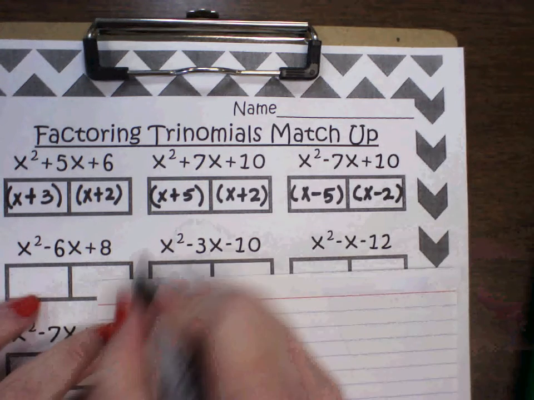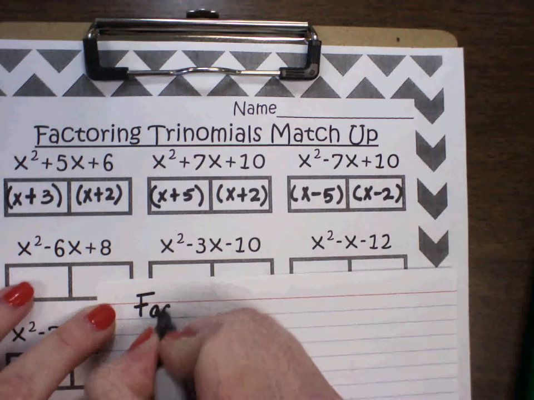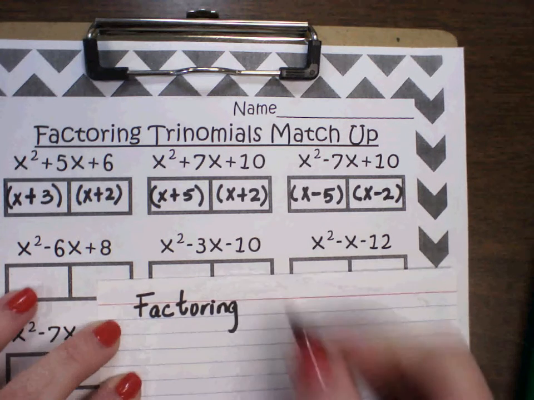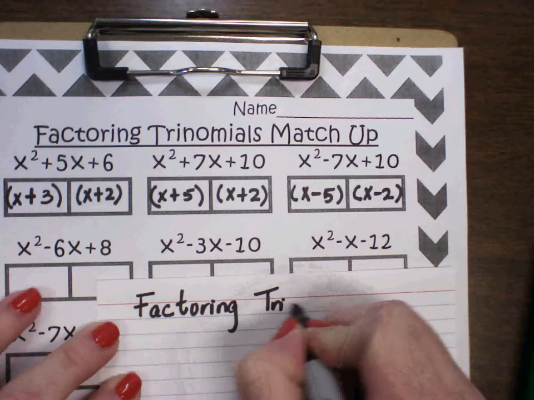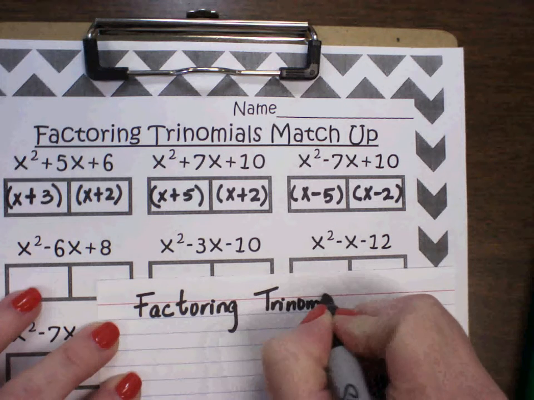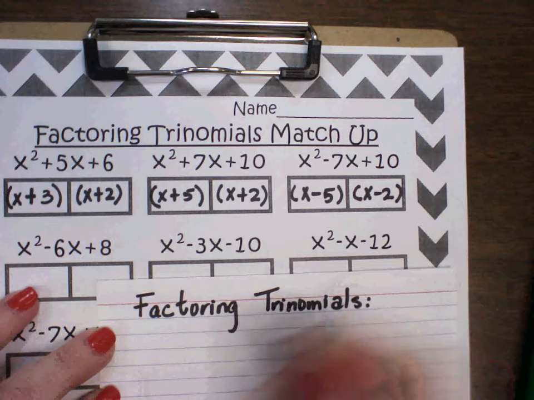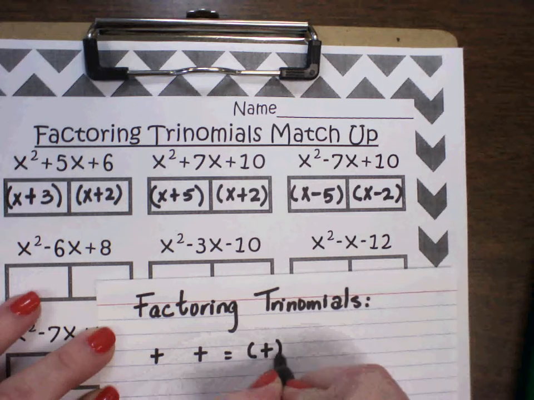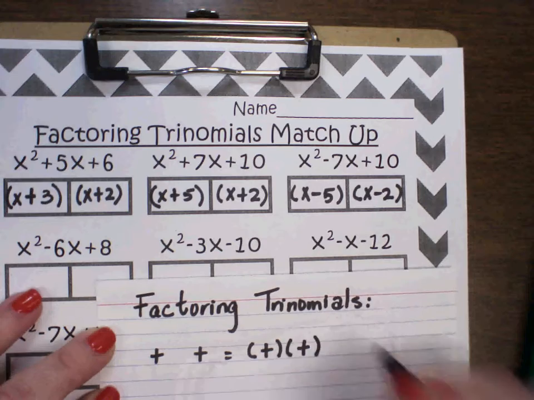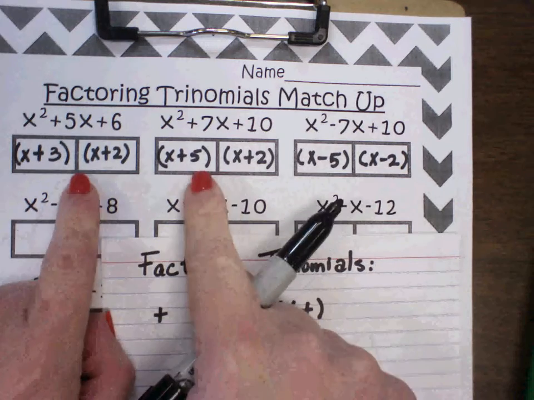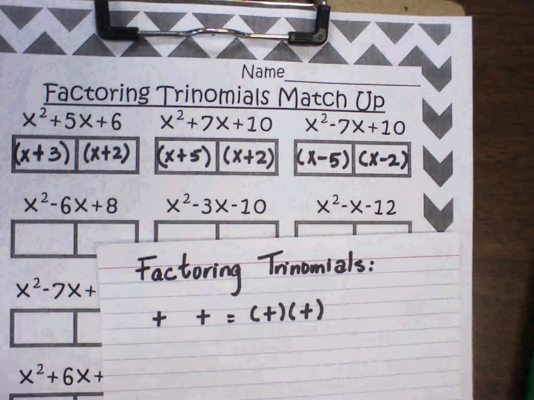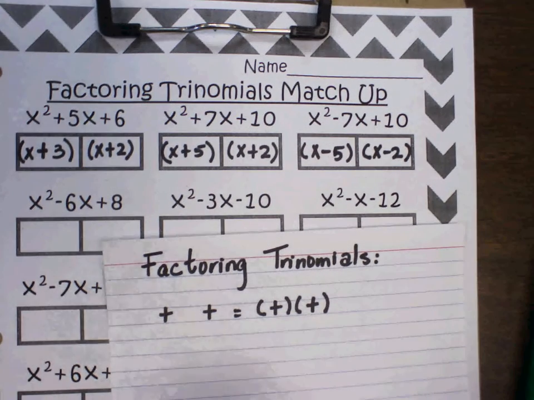Okay, so for factoring trinomials, if I have a plus and a plus, that is a plus parentheses and a plus parentheses. Do you see it? Plus, plus, plus, plus. Yay? I think we came up with some of them yesterday, didn't we? All right.